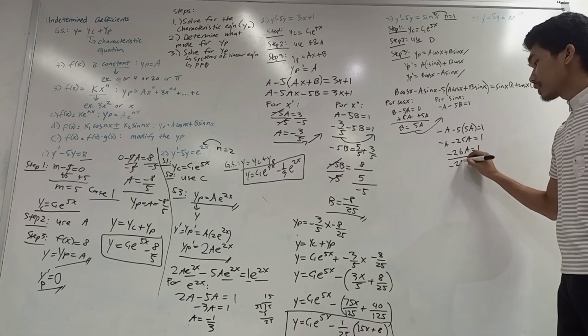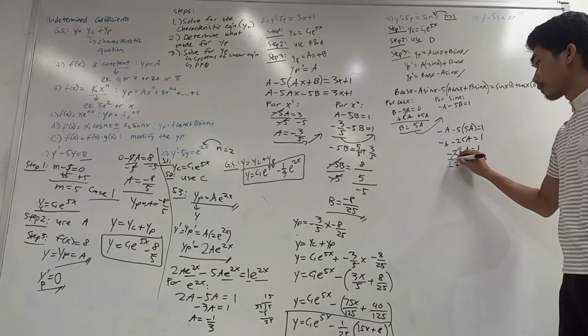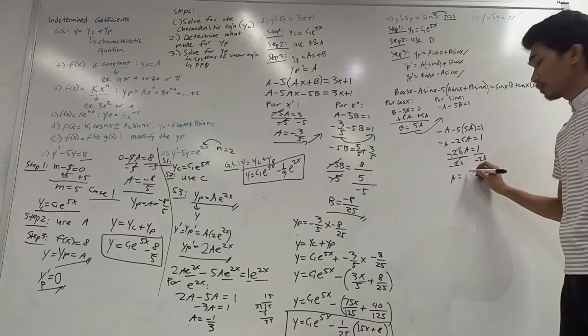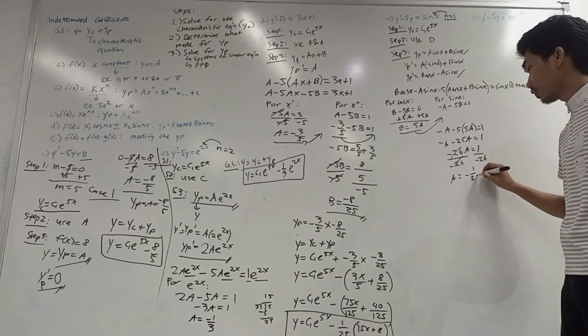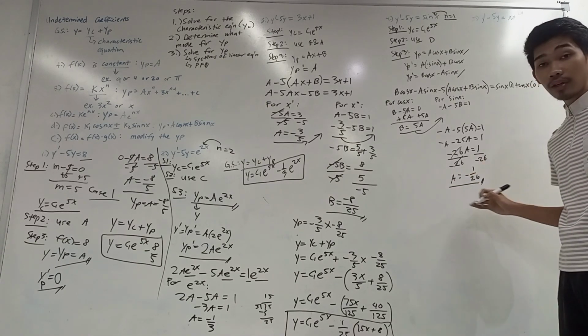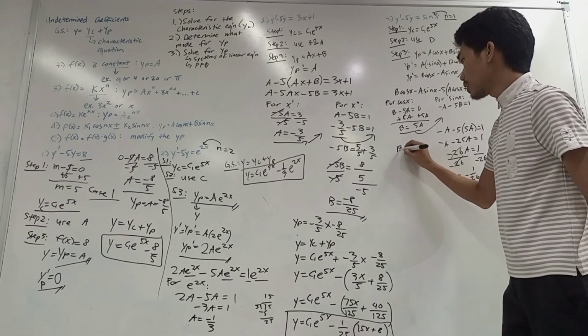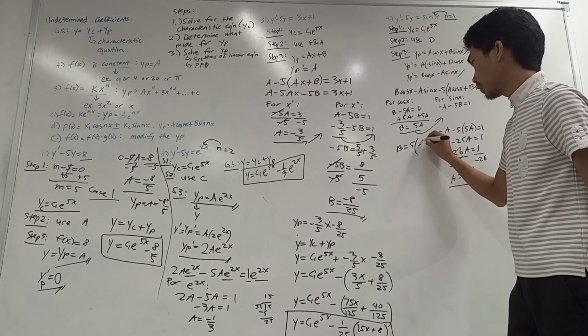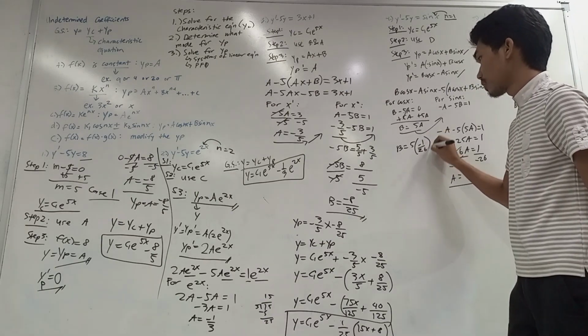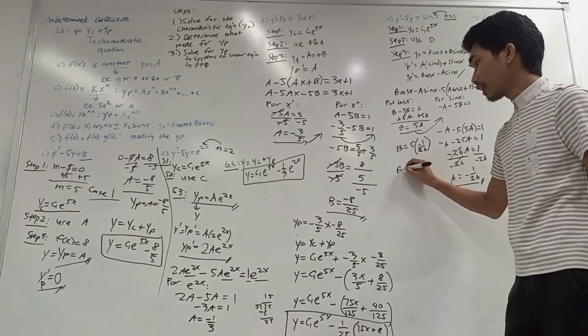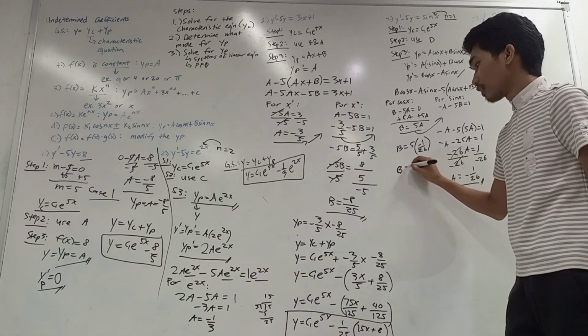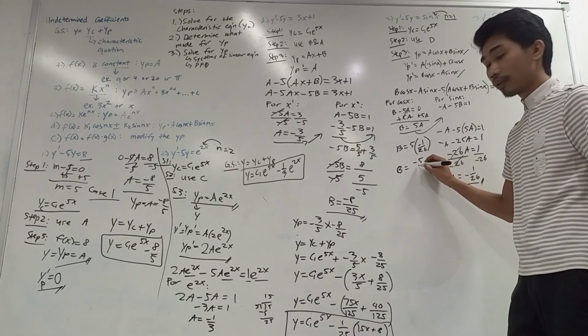Divide negative 26 on both sides. A is equals to negative 1 over 26. So, meron na tayong A. Substitute natin sa B. B is equals to 5 times negative 1 over 26. So, makita natin na B pala is equals to negative 5 over 26.